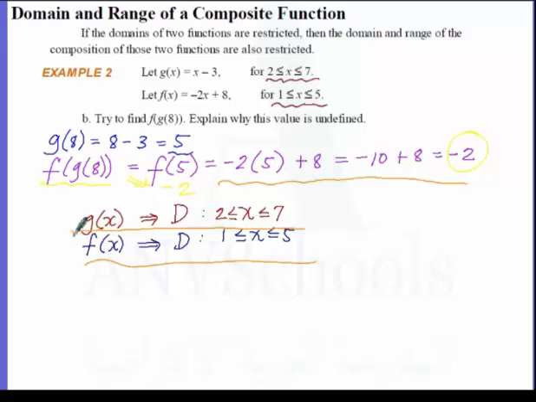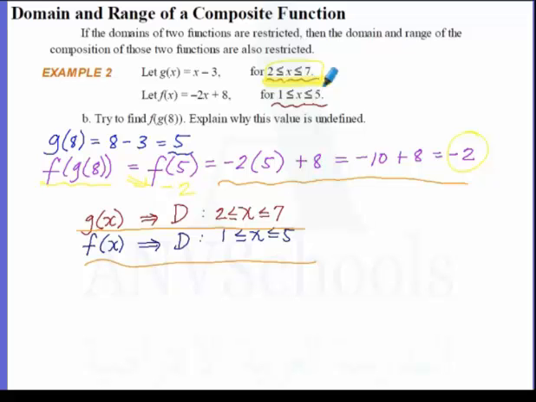Now, our 8, which is the value of x equal to 8 for our g of x. Notice that the x does not appear here. It is outside the domain of our g of x.